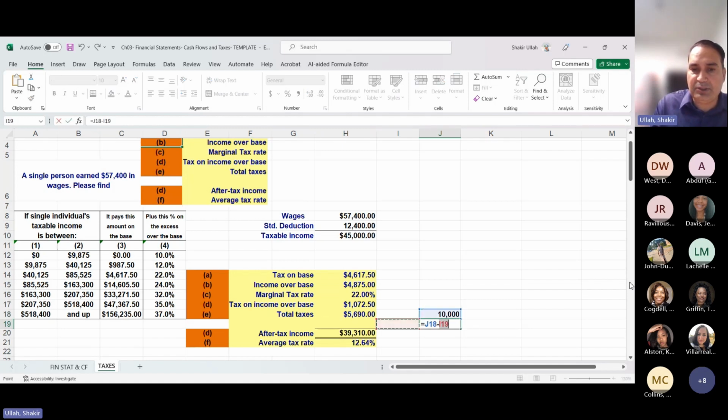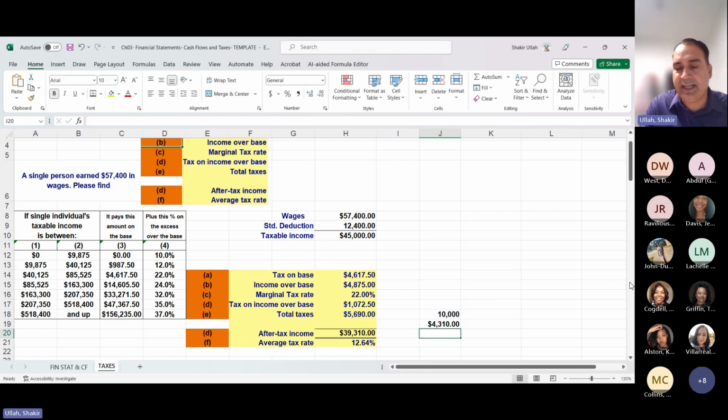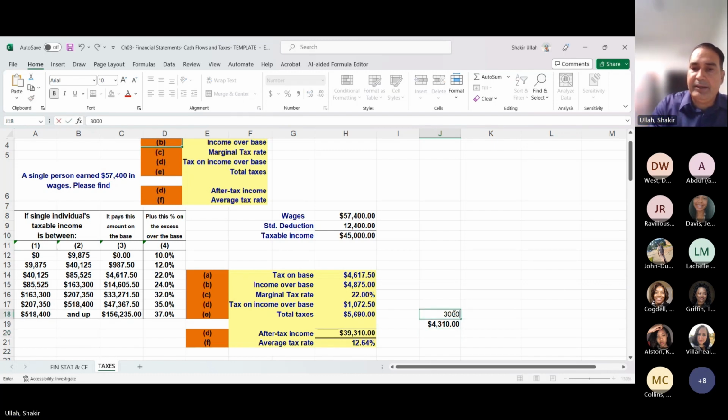You'll be getting a tax return of $4,310. But if you have only paid 3,000 in your paychecks, then you owe 2,690 to the IRS, and you'll be sending them a check.